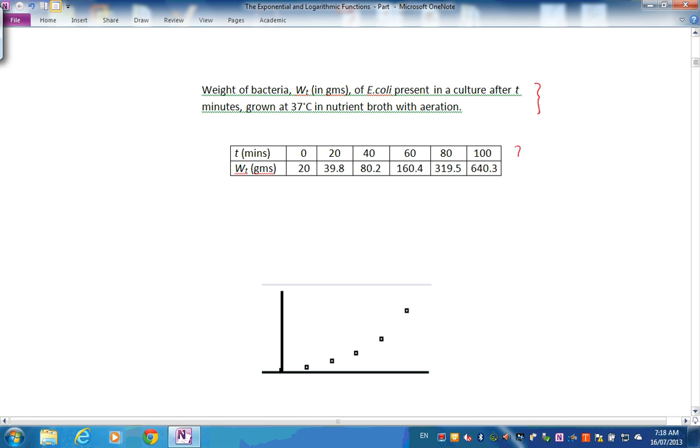And he or she came up with this set of data. So there's the time in the top line. As time went by, he or she went into the hot room there and did these measurements every 20 minutes, it looks like, and recorded the actual number of grams of bacteria.